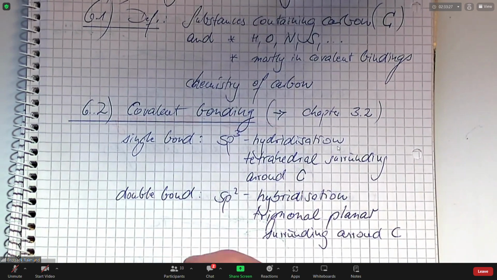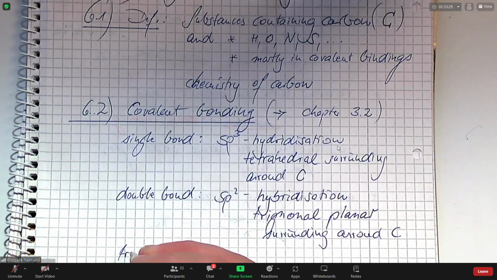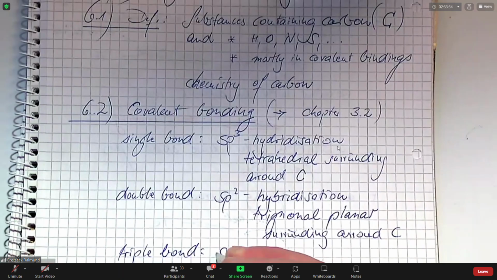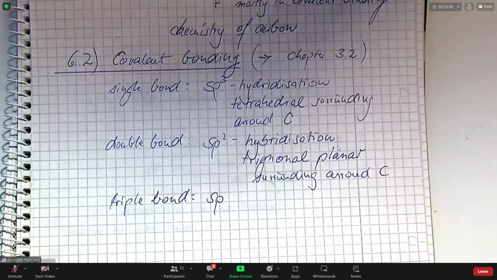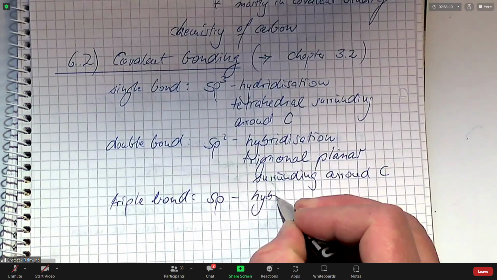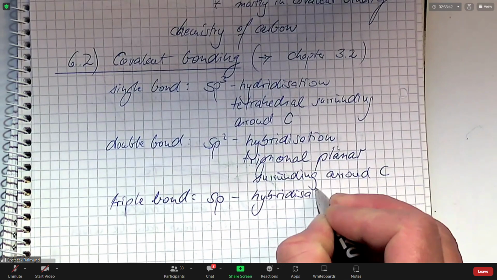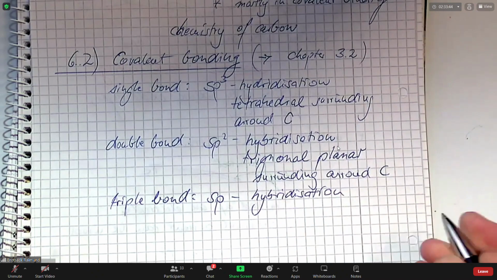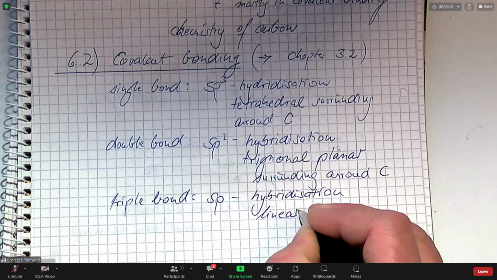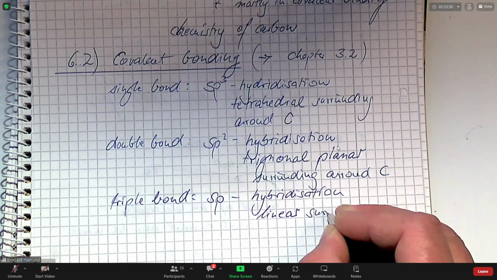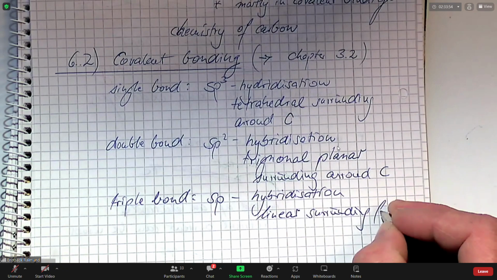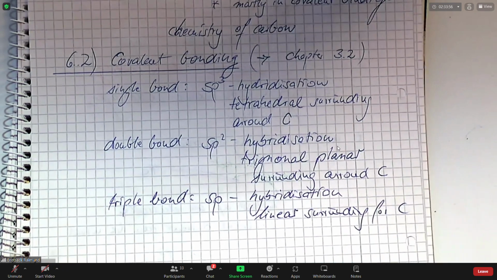And last but not least, the triple bond. The sp type of hybridization. And that leads to a linear surrounding of the carbon.